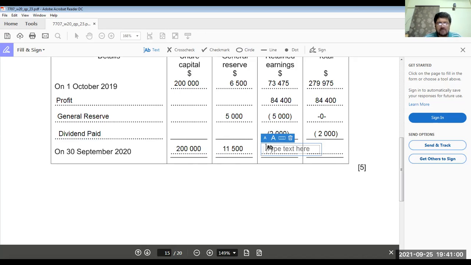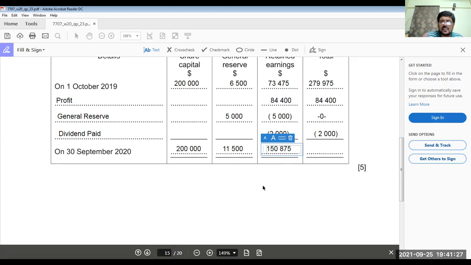73,475 plus 84,400 minus 5,000 minus 2,000, 150,875. So plus 11,500 plus 200,000, 362,375. The horizontal total is 362,375.